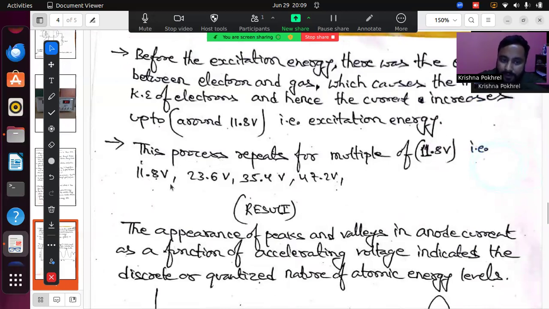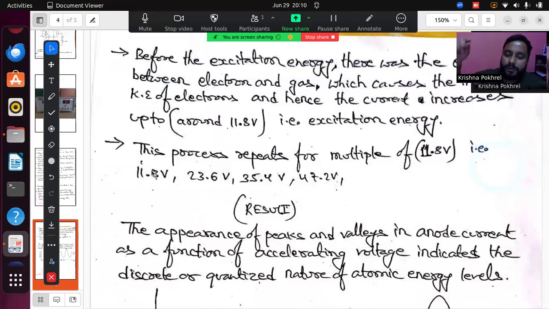That means up to 11.8 volt, elastic collision, the current reaches the peak, and after 11.8 volt the current goes down due to the inelastic collision between argon gas and the electron. Similarly, up to 23.6 volt, again we get another peak, and again inelastic collision starts.